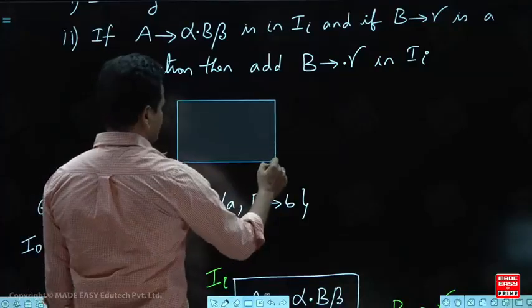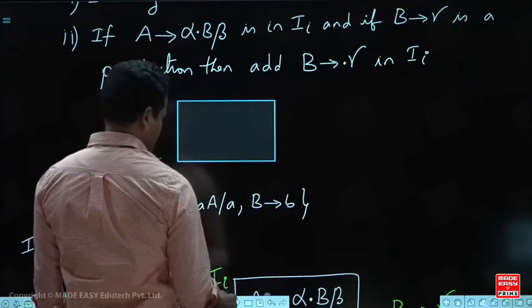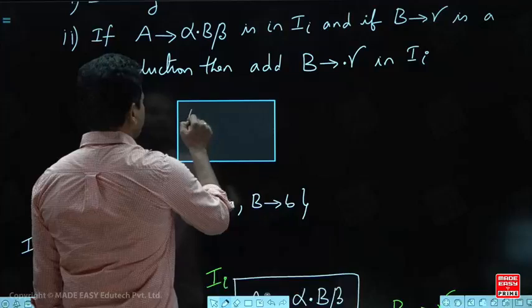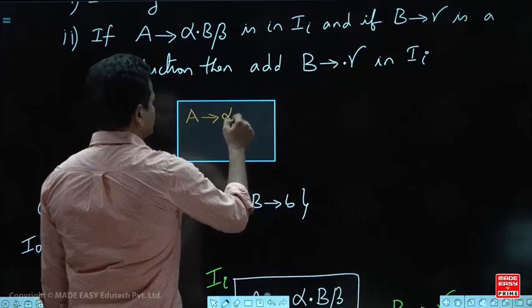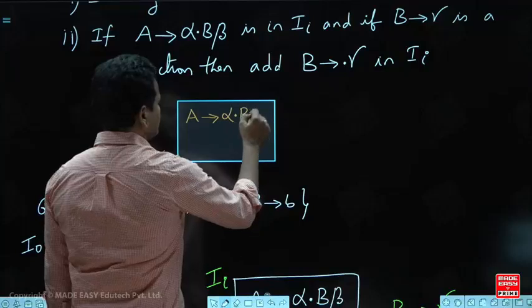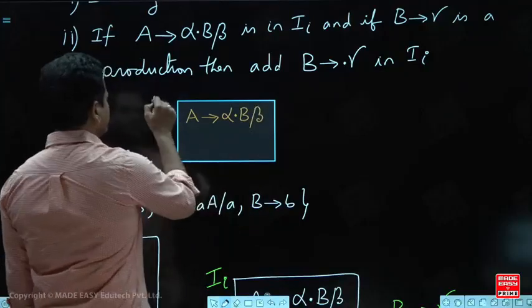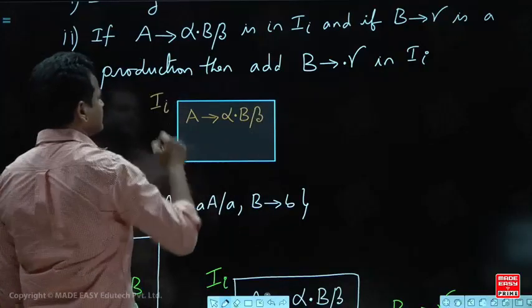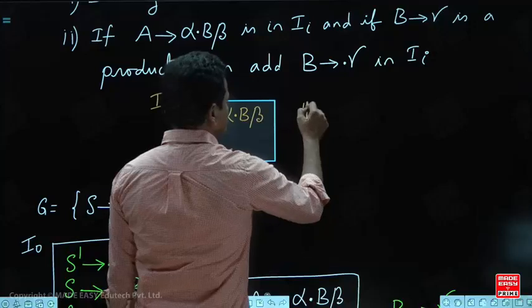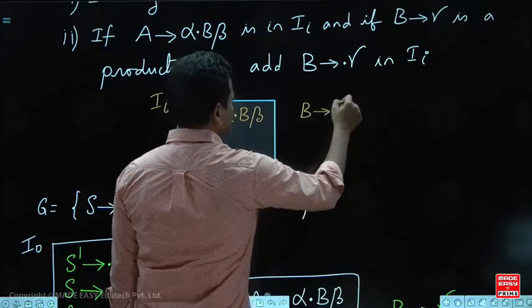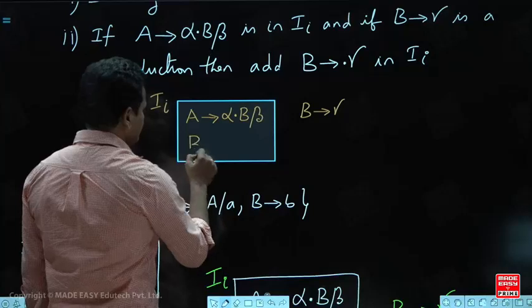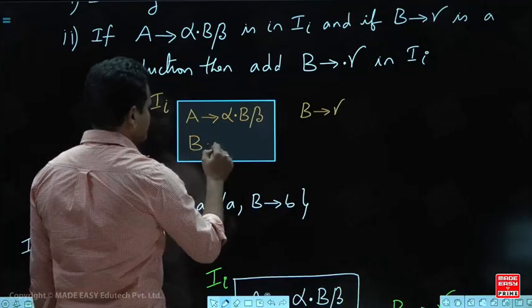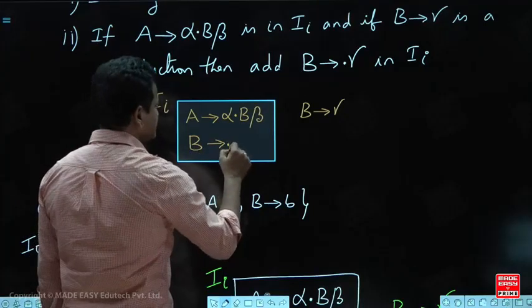Suppose we have A → α·Bβ in I, and suppose B → γ is the production. Because the dot is before B, a non-terminal, we must add B's productions in this same state.